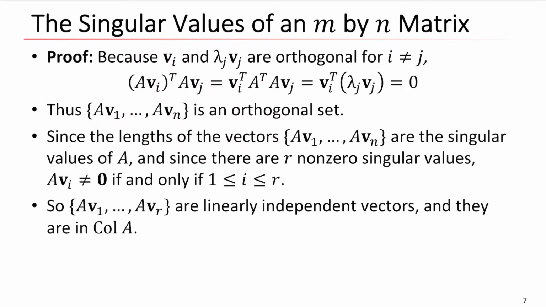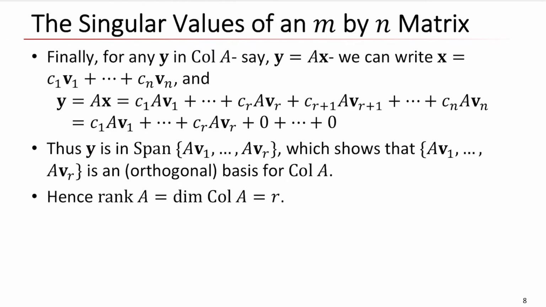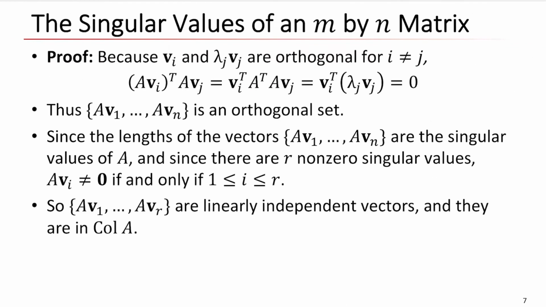So actually the proof of this one might be very difficult, but just follow it sentence by sentence. First of all, vi and lambda j vj are orthogonal for i not equal to j, right? Because by definition, vi times vj is zero.